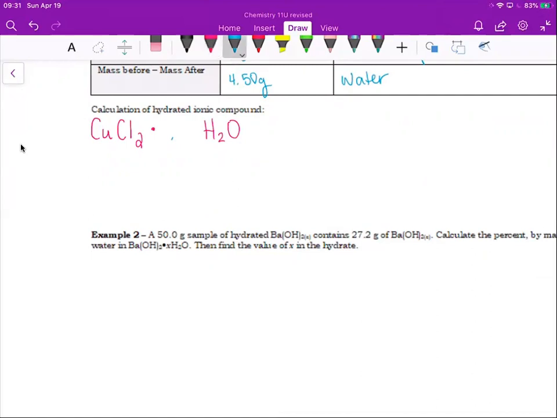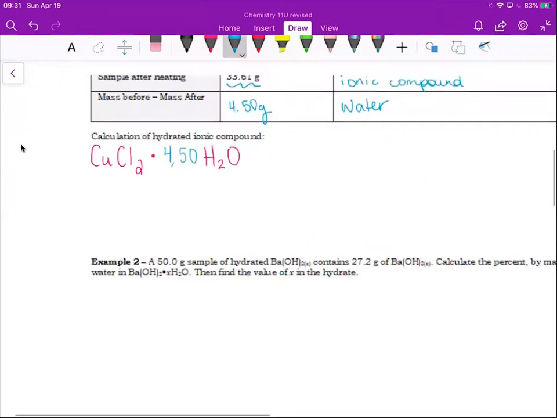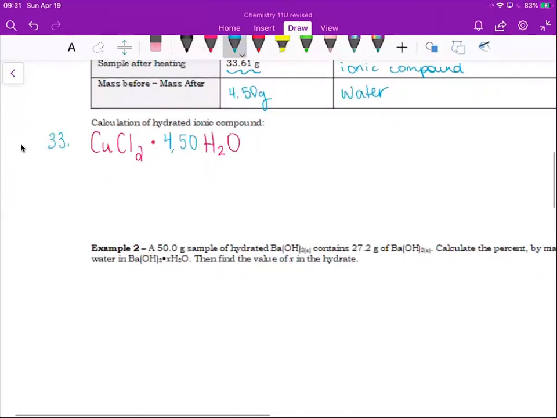I put the numbers as coefficients. So now I'm going to divide these by their respective molar mass. For water, it's 18.02. I don't even have to look at the periodic table. And for copper chloride, I have 63.55 plus 35.45 times 2. I get 134.45.